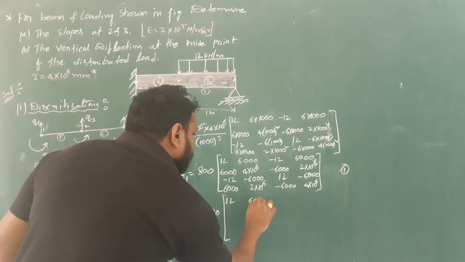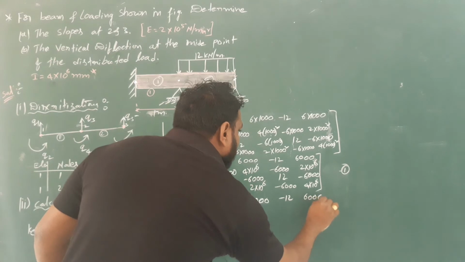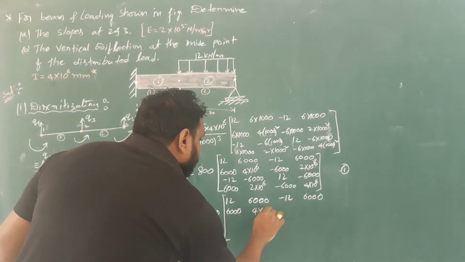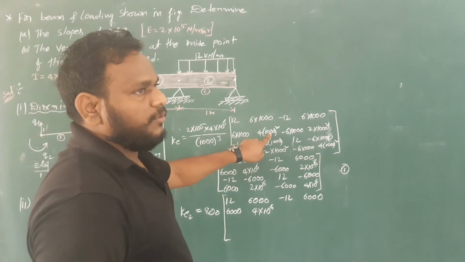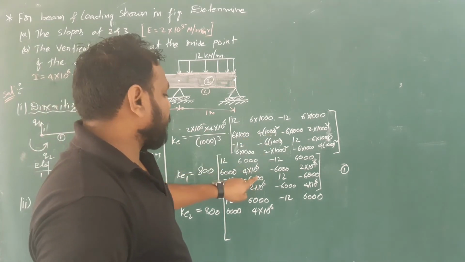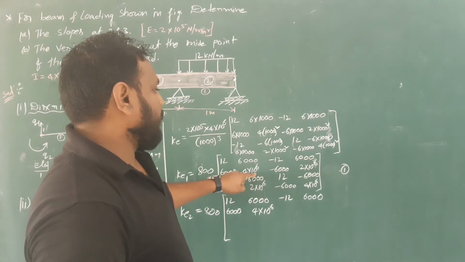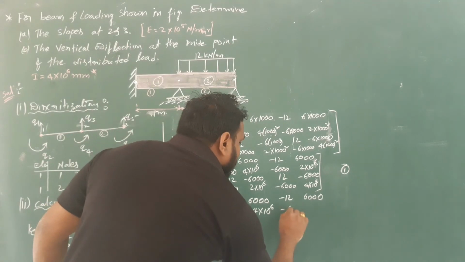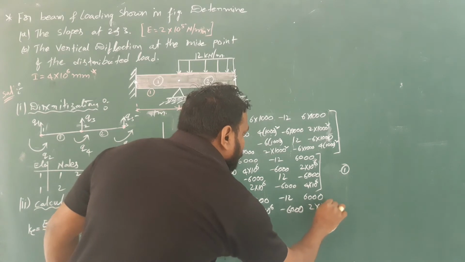12, 6000, minus 12, 6000, and 6000, 4 into 10 to the power of 6, because 10 square means 1000 into 1000. It has 6 zeros. That's why I am writing 10 into 10 to the power of 6. Okay. Here also minus 6000, 6000 into 2 into 10 to the power of 6.